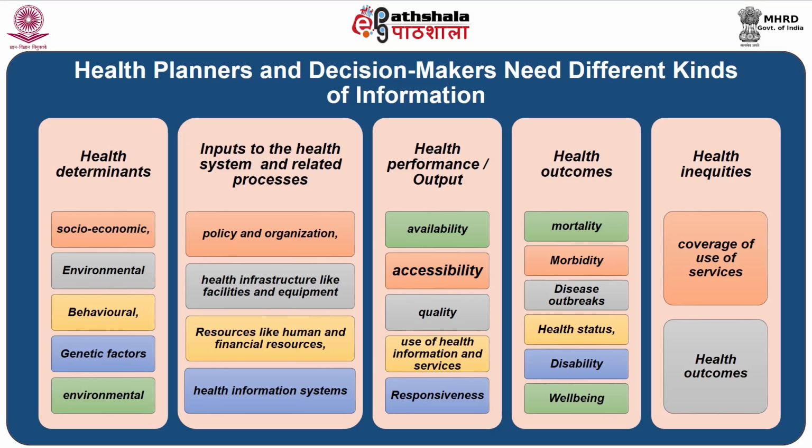Information is also required by policymakers about the performance or the output of the health system, such as the availability, accessibility, quality and use of health information and services, responsiveness of the health system to users' needs, and financial risk protection. Health outcomes are another important information in the form of mortality, morbidity, disease outbreaks, health status, disability, and well-being.